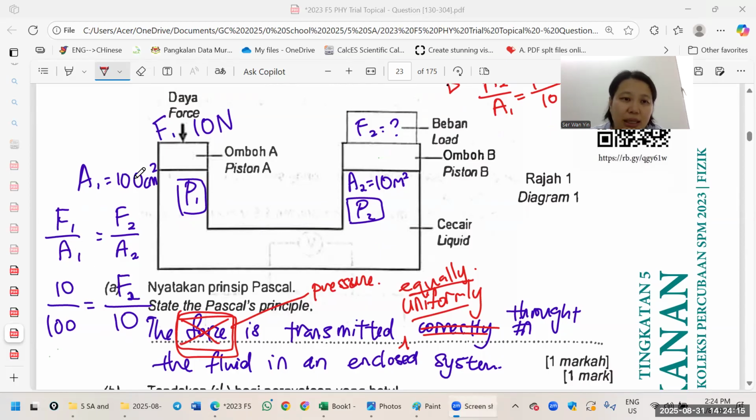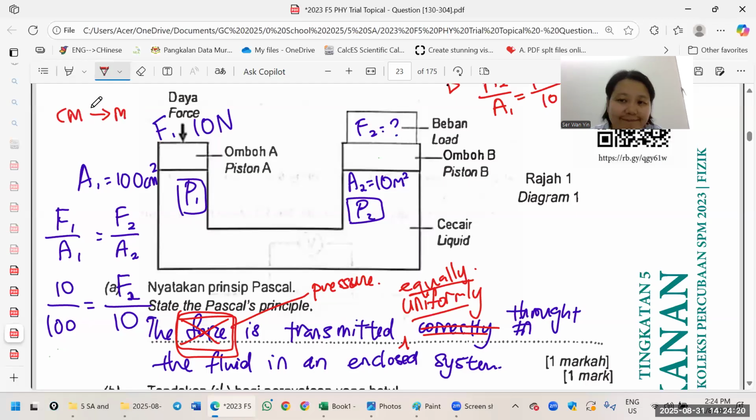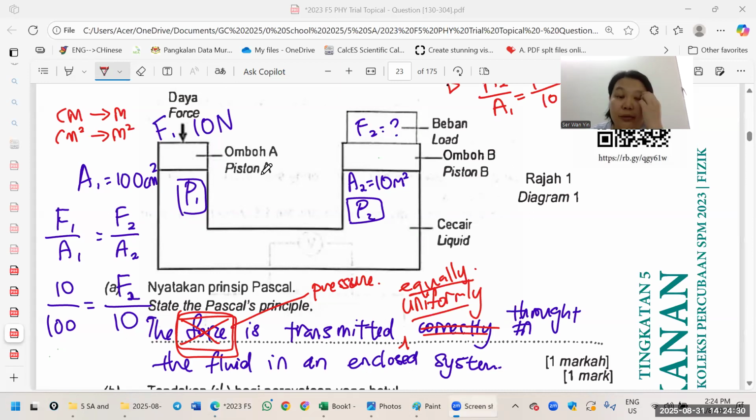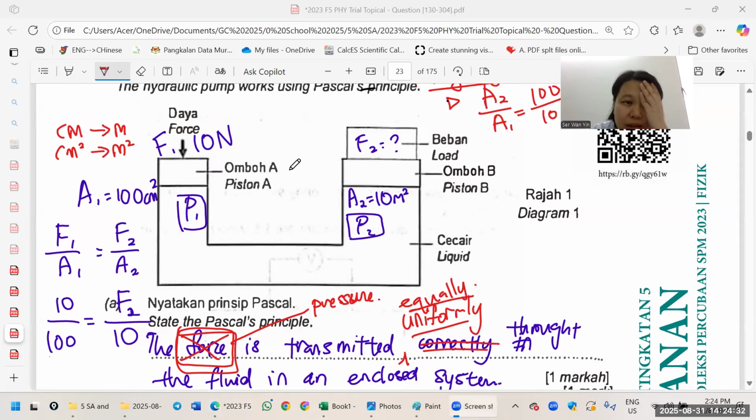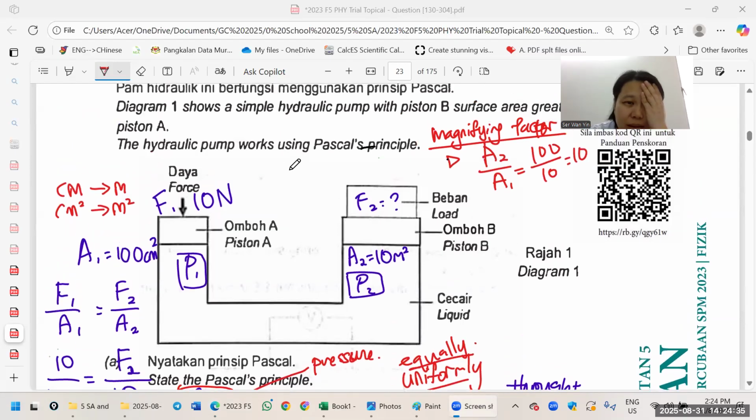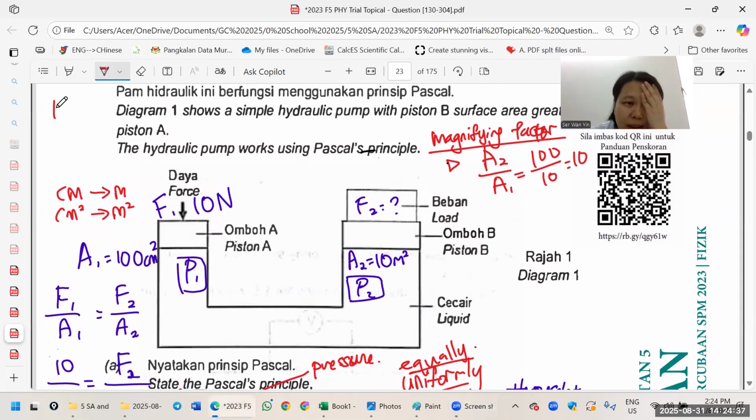Yes, you need to change cm to m, cm squared to meter squared. Change prefix. So how to change cm to meter squared? Okay, 100 cm to meter is 1 meter.